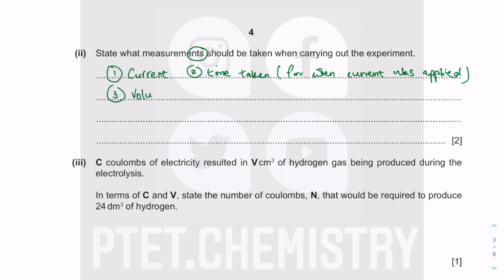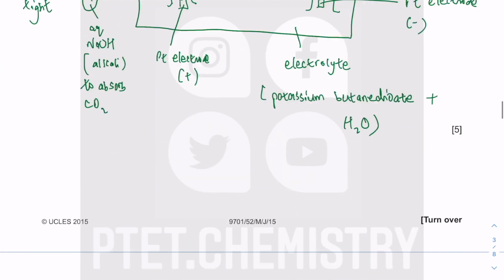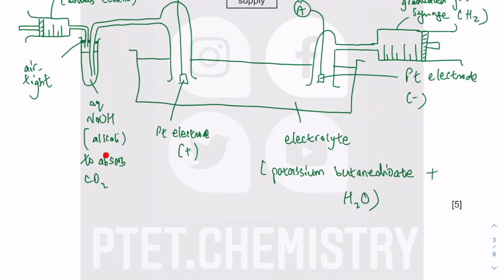You collected the volume of hydrogen gas, which exists as H2 gas. All right, you also collected the volume of ethene at the other end, which is C2H4, which also comes out as a gas. As for the CO2, the CO2 was being absorbed by the alkaline solution.